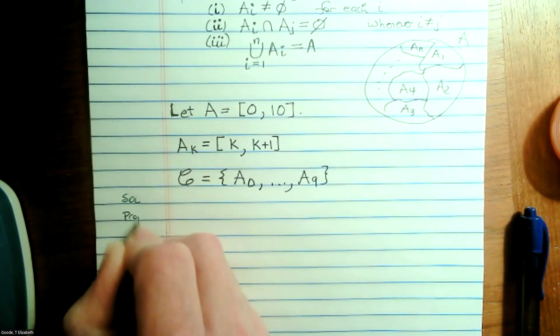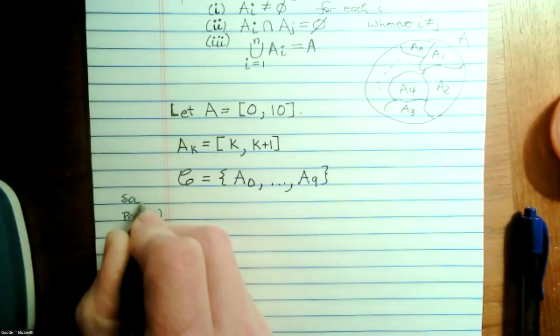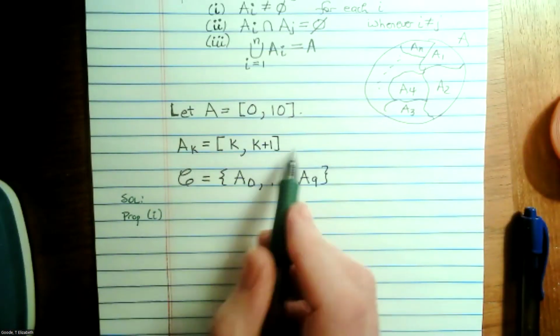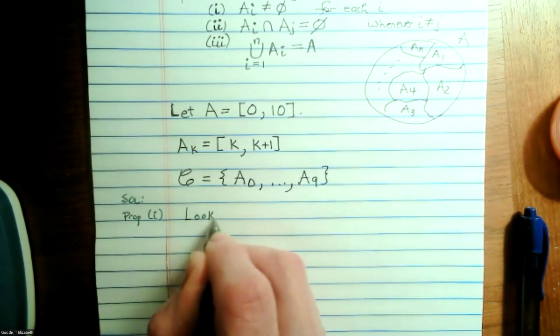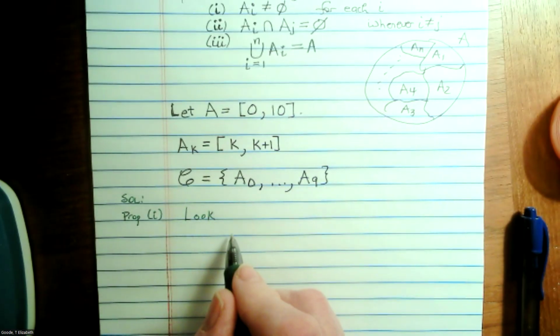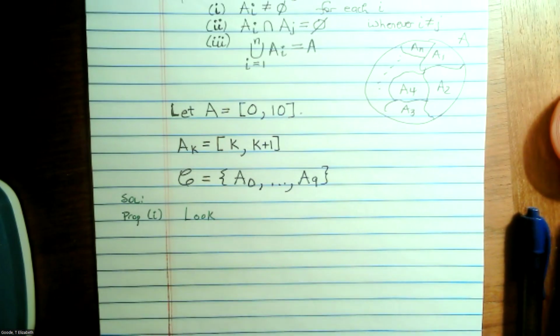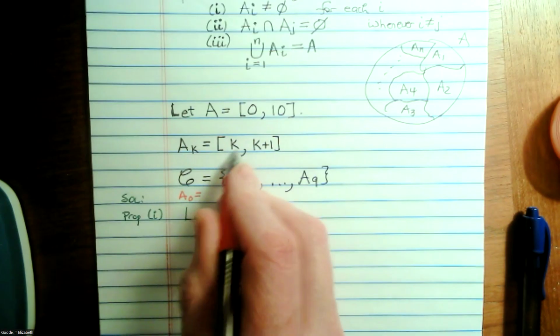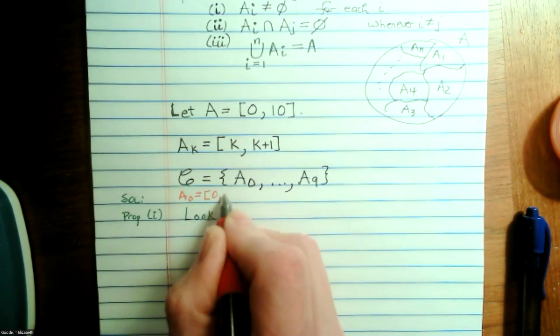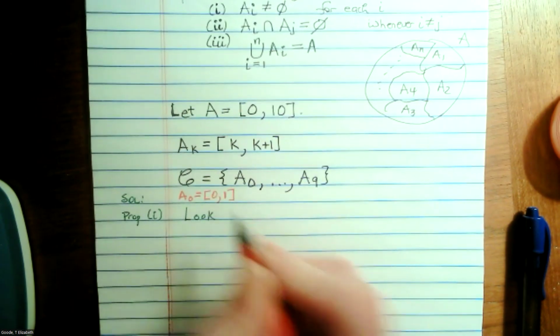So property number 1. So we're looking at each of these, A0 up to A9, right? In fact, it might be helpful to realize A0 would be the closed interval from 0 to 1, wouldn't it? Yes.